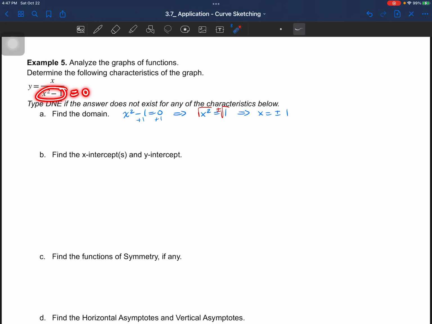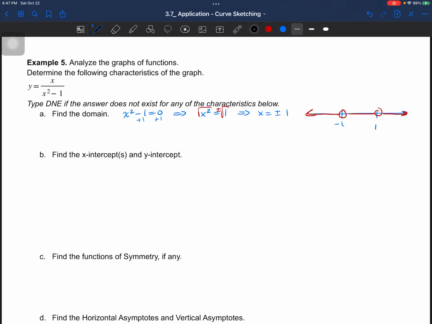So in other words, these numbers make the denominator 0. Hence, they make the function undefined. And the domain is all the real numbers that make the function defined. So in other words, it's all real numbers except -1 and 1.